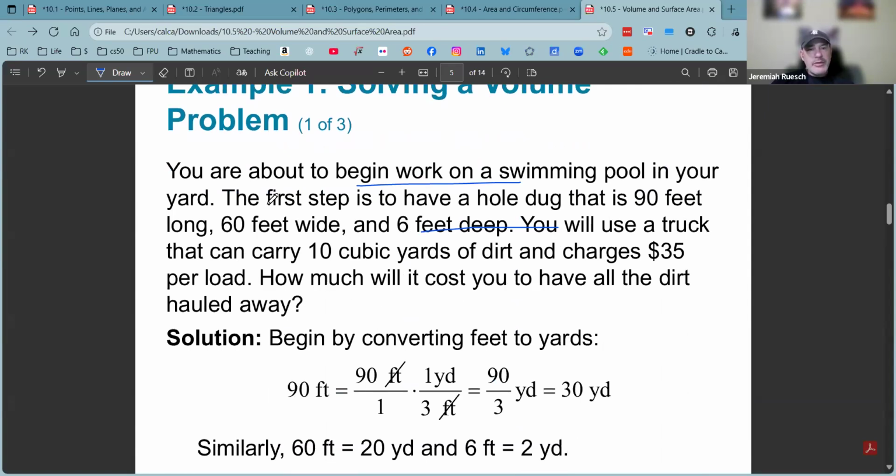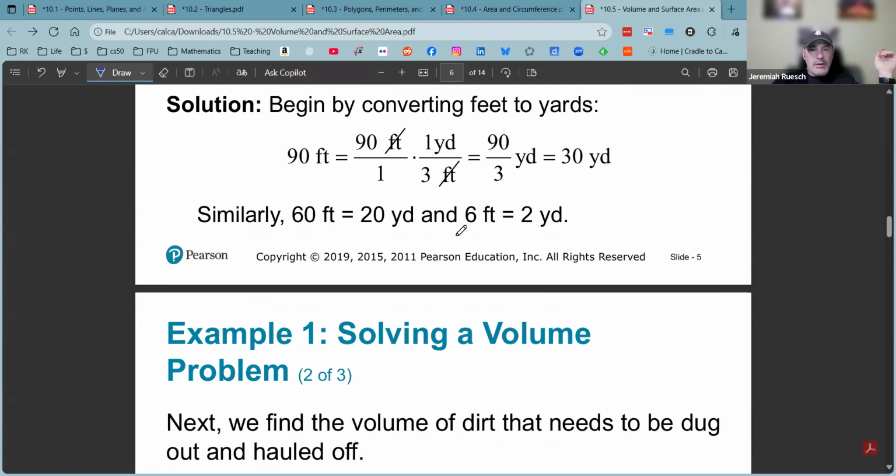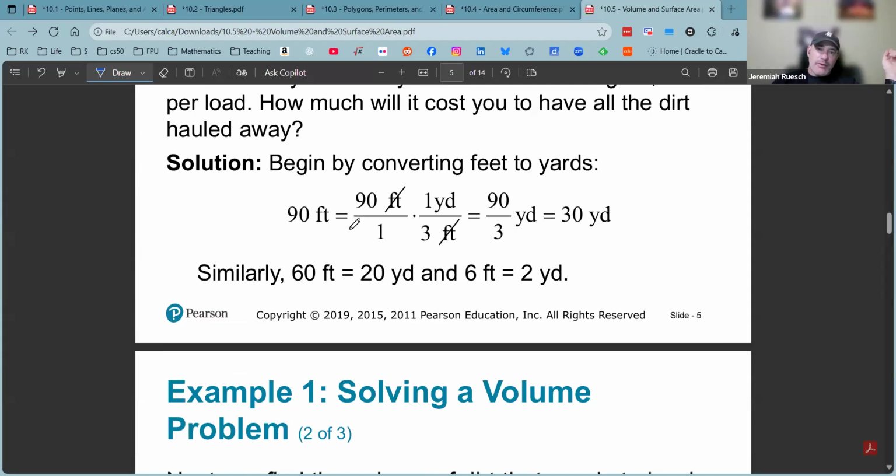All right, so we've got to figure out what this volume is. So 90 times 60 times 6 is going to give us a volume in cubic feet, but we can convert each dimension to yards individually. So that's what they're doing here.